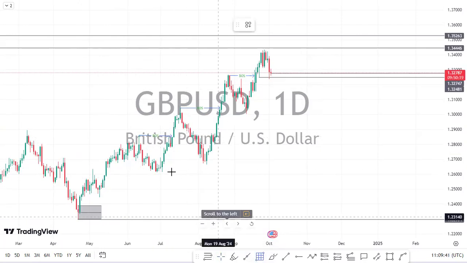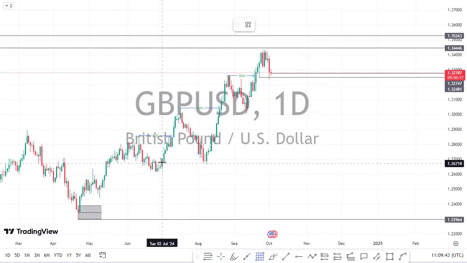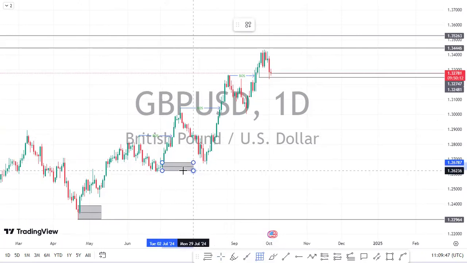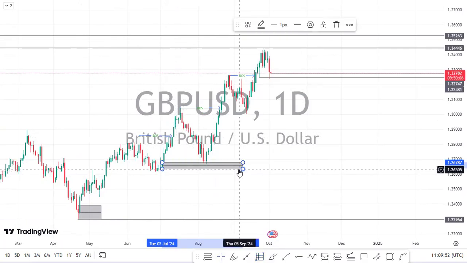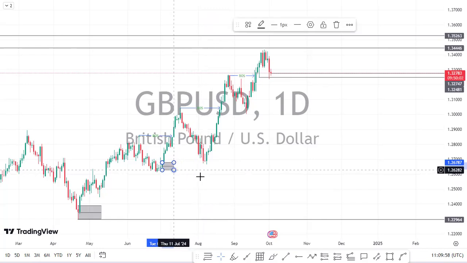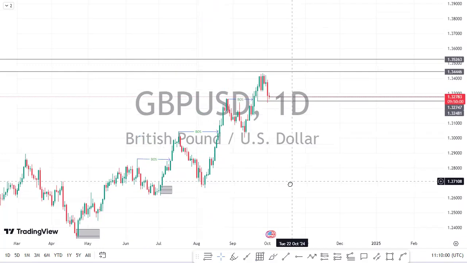This other one has been mitigated already, so this one is clear. We have that one mitigated clearly.